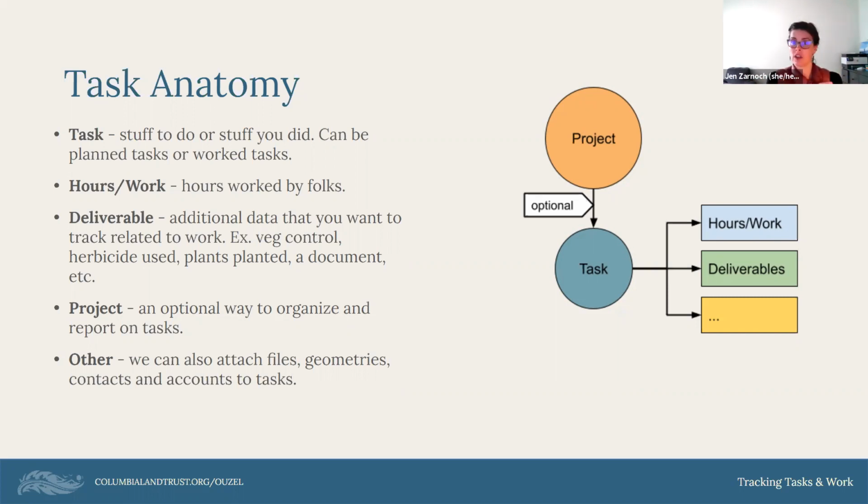We don't have to use it, but you've seen us use it for monitoring reports and acquisition projects. Technically issues isn't a project, but it looks like a project, so we can call that a project-like container. And then we have other attributes for tasks. We can attach files, we can have spatial geometry, contacts, accounts, etc. And we have this fun little graphic here.